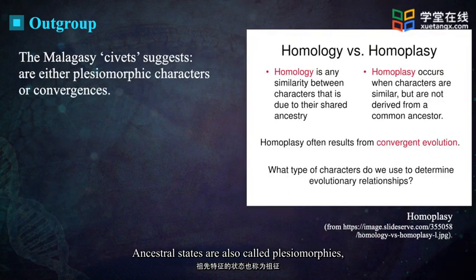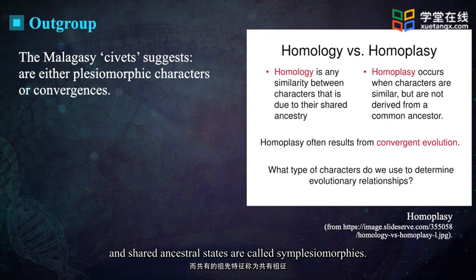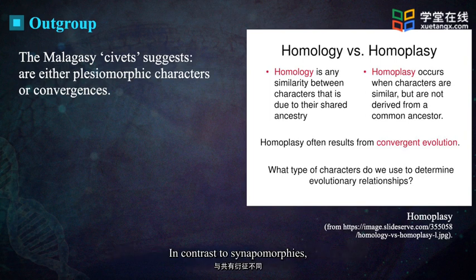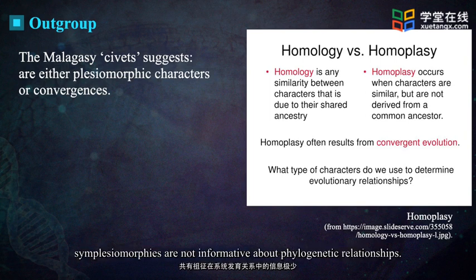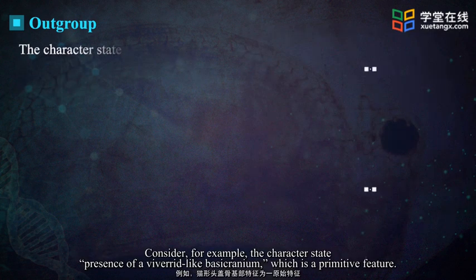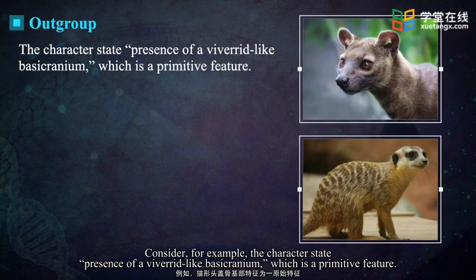Ancestral states are also called plesiomorphies, and shared ancestral states are called symplesiomorphies. In contrast to synapomorphies, symplesiomorphies are not informative about phylogenetic relationships. Consider, for example, the character state presence of a viverrid-like basic cranium, which is a primitive feature.